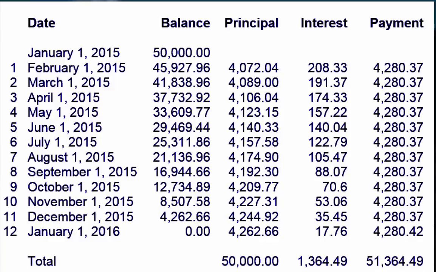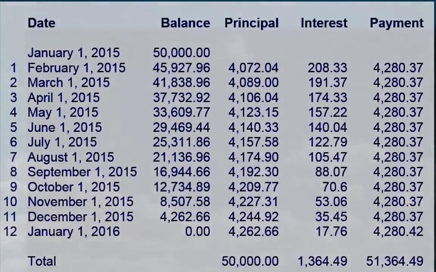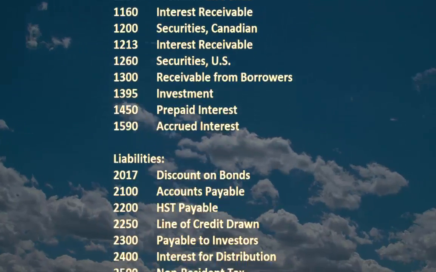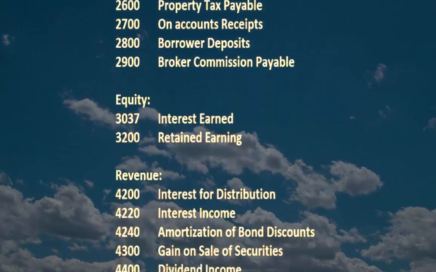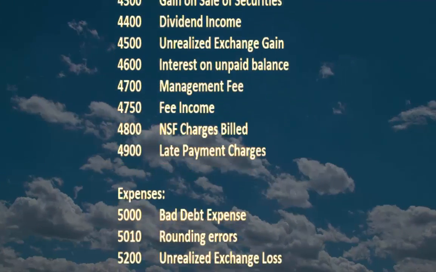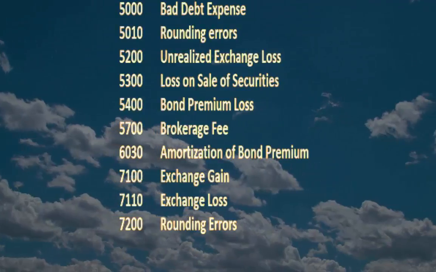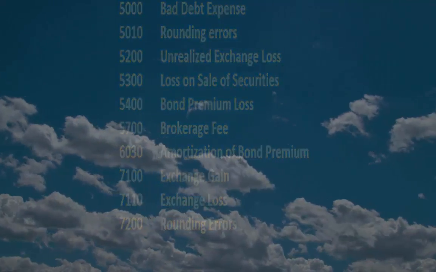Now let us go back and see how the general ledger will treat these transactions. Here's a chart of accounts for a sample financial company. Cindy uses only a few of these accounts. For instance, when a loan is granted, we usually write a check for the loan amount.